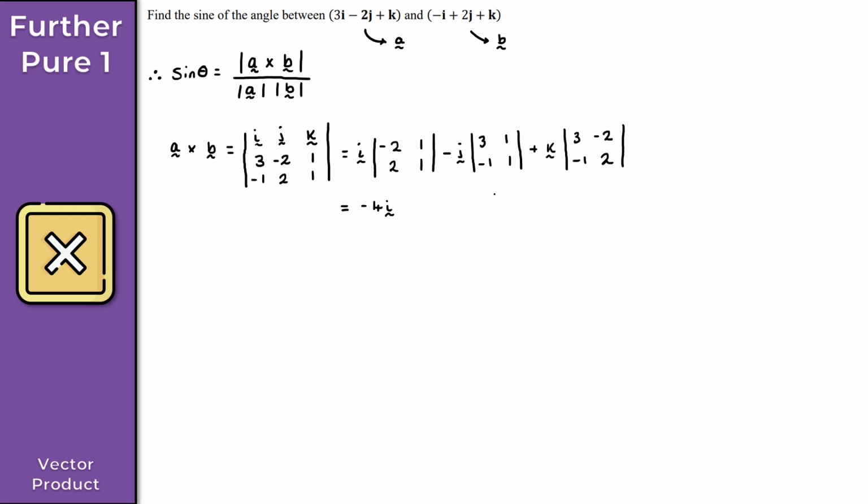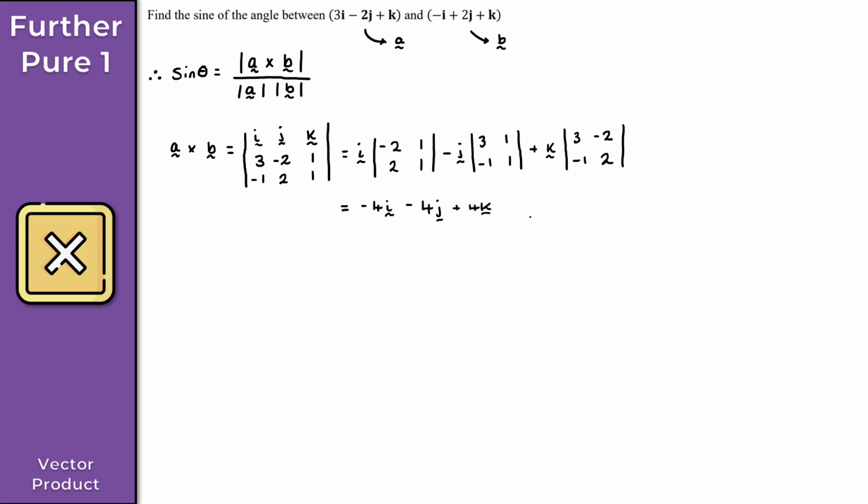So in that case, we have 3 minus minus 1, which gives us 4. 4 times minus j, so we get minus 4j. Like so. And then finally, for the very last 2 by 2 determinant, we have 3 times 2, which is 6, minus minus 1 times minus 2. So in other words, we have 6 minus 2, which gives us 4. So we get plus 4k.